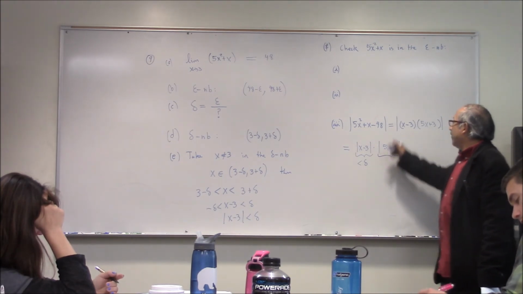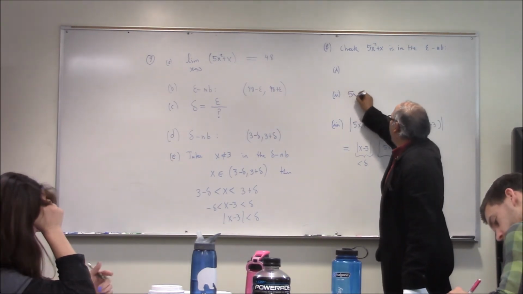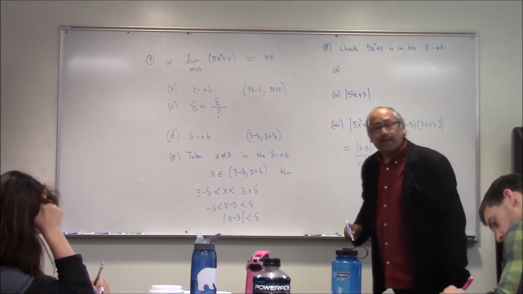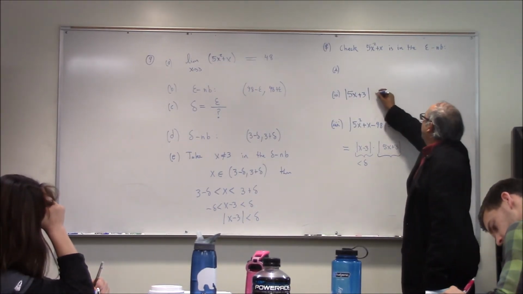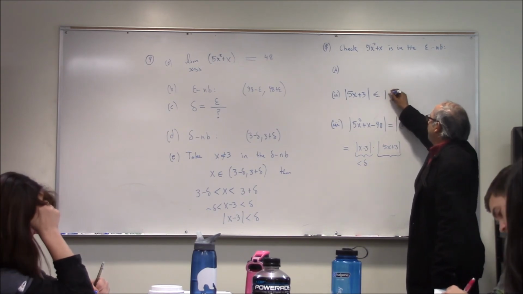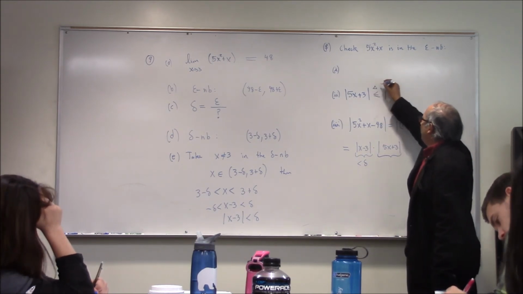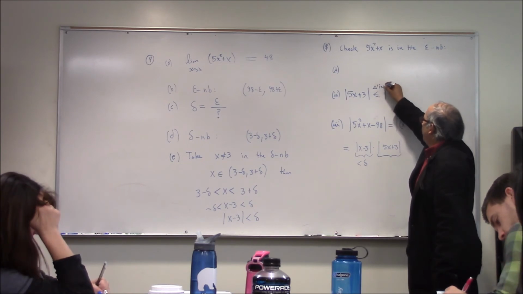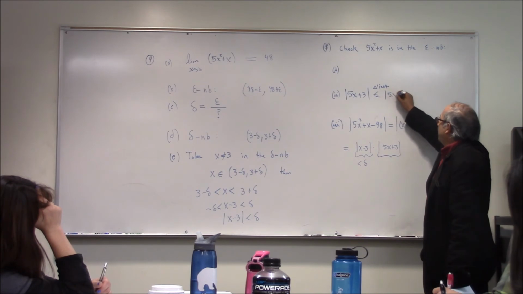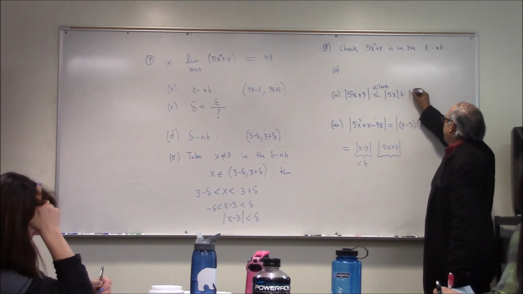Okay, so I'm going to estimate this. I'm going to put it right here, 5x plus 3, is less than or equal to, by the triangle inequality, is less than or equal to, please help me guys, 5x plus 3.